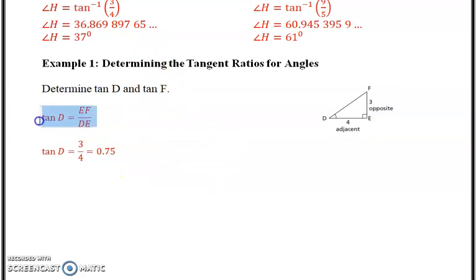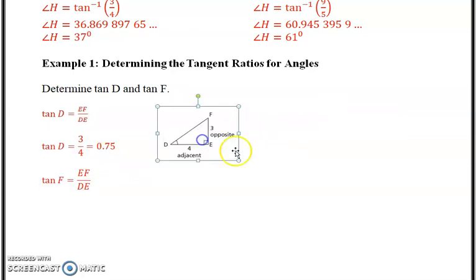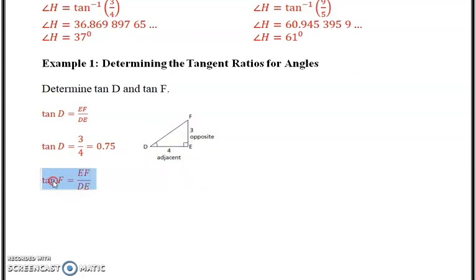And we do the exact same thing when looking for tangent of F. So this time we're going to have to relabel our triangle. This triangle here was for D, so we're going to have to relabel it.